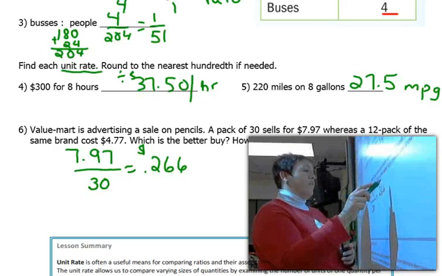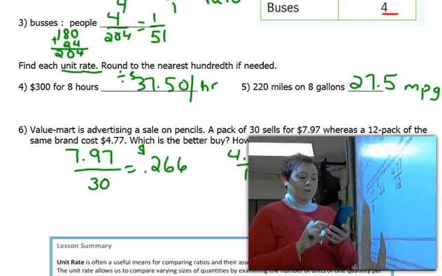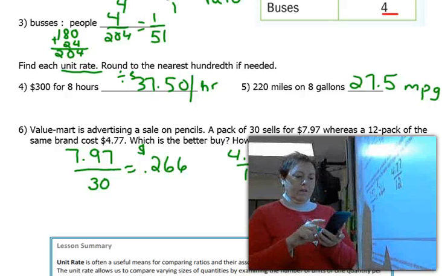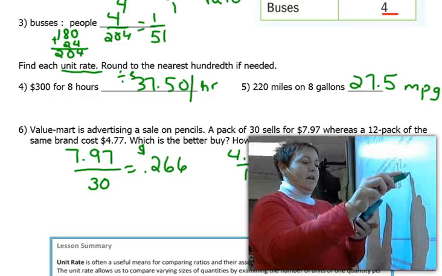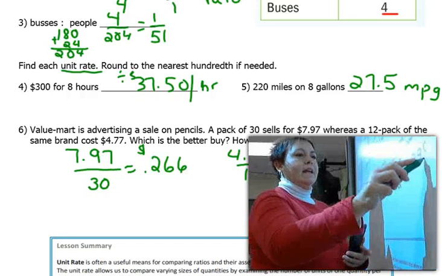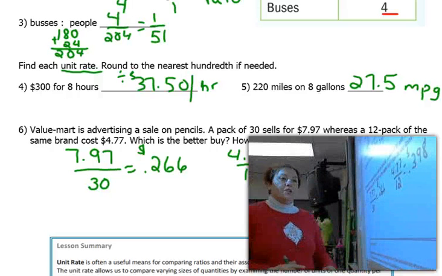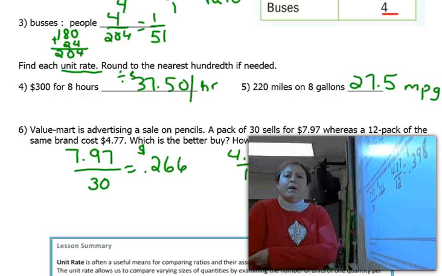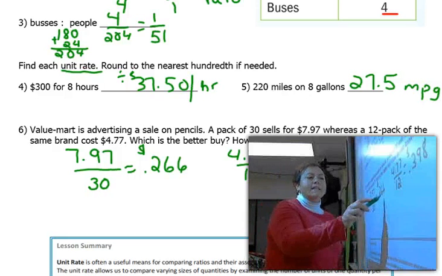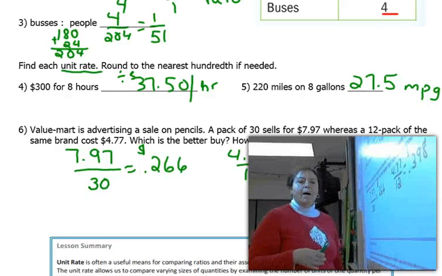And now we're going to do the same thing for the 12 pack, 4.77 divided by 12. It's going to give me 0.398, and again, I rounded that up. So now it's going to be a little bit easier to compare. So even though money only goes to 2 decimal places, when you're doing a unit price for a comparison, you may need to take it out to a 3rd decimal place, to the thousandths, so that you can have a better comparison.